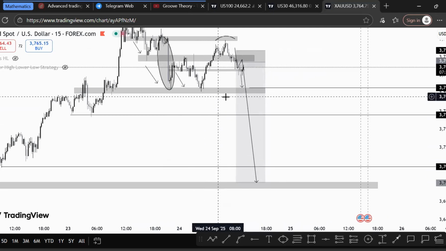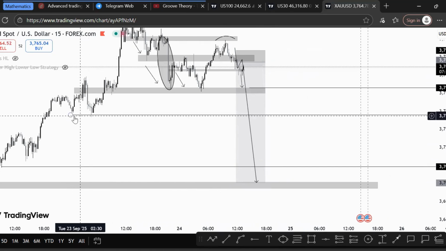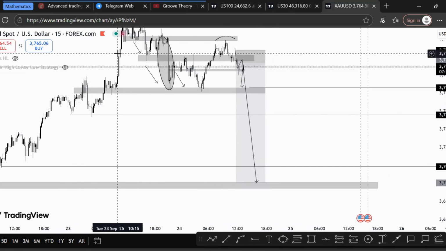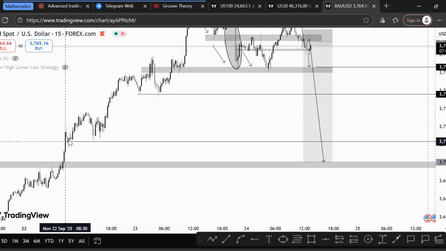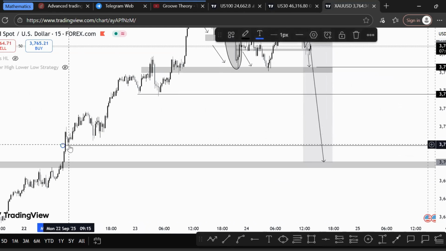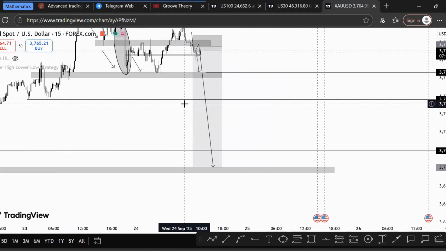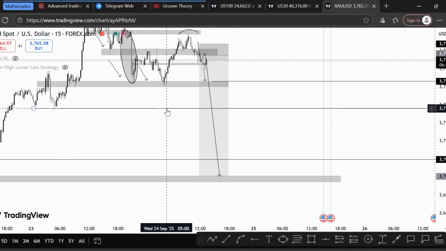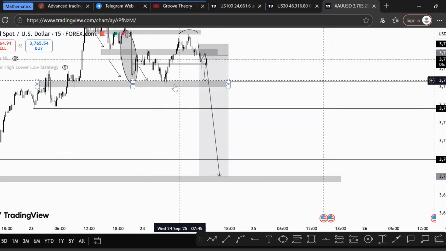As long as we keep on breaking some of the levels that I've marked, as you can see, also these lows, we had price bouncing off these levels before it shot up, and also this kind of level that is here. We had pound bounce off here and then shot up. So those are the kind of levels that I'm also looking at, same as this one that we are currently hoping to break below.